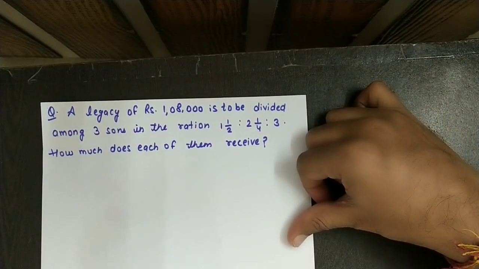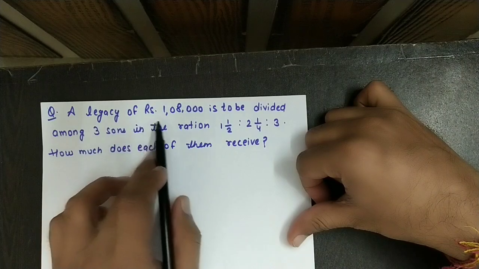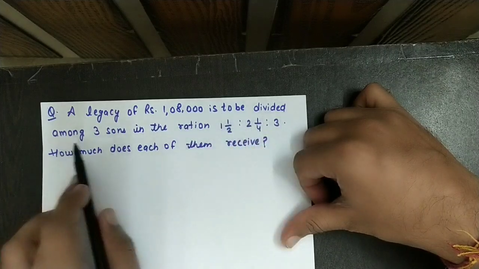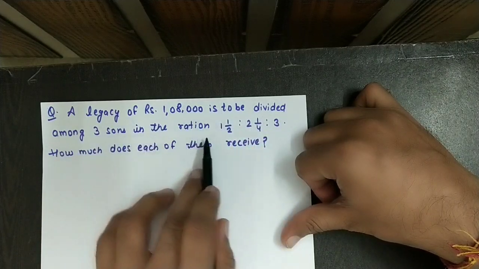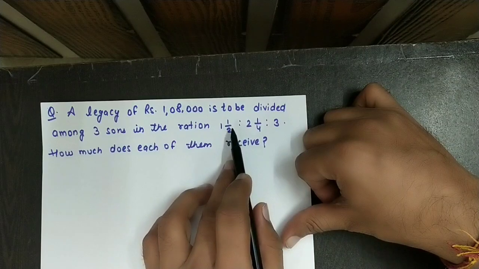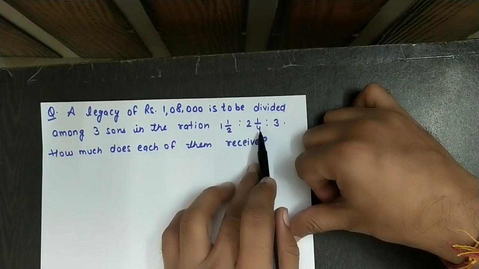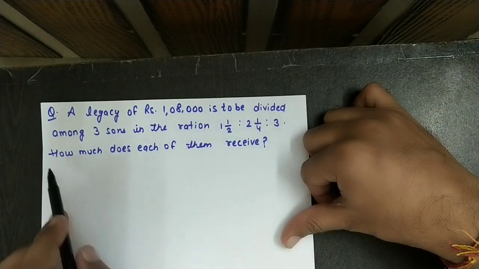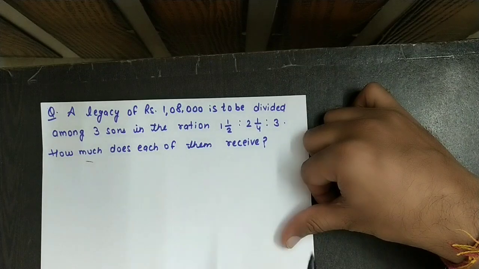Our next question is, a legacy of rupees 1,08,000 is to be divided among 3 sons in the ratio 1:1/2, 2:1/4 and 3. How much does each of them receive?